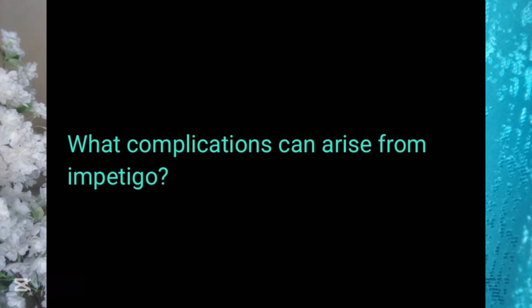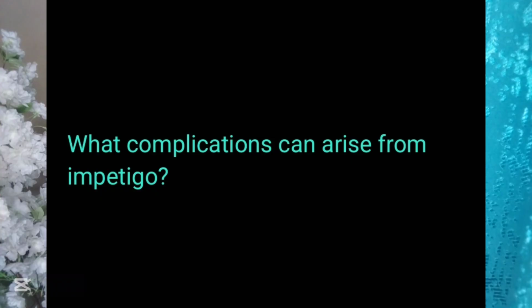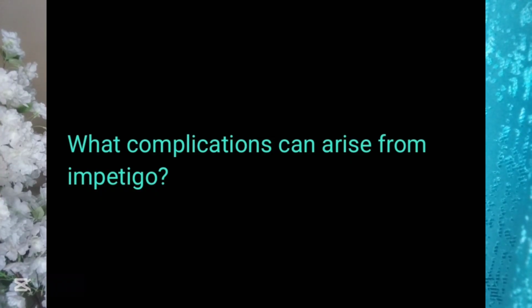The other complication is the infection can spread to other parts of the body, and this can be through blood. Impetigo can as well cause permanent scarring, especially if the infection spreads deeper into the deeper layers of the skin, for example, the dermis and the hypodermis.